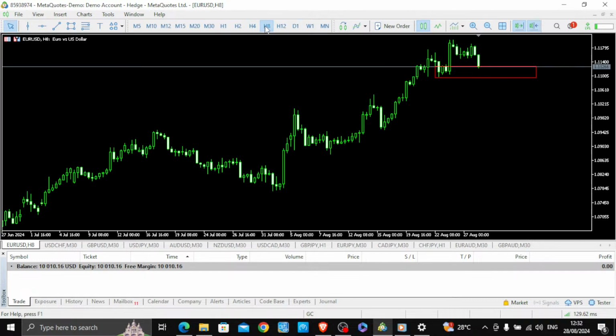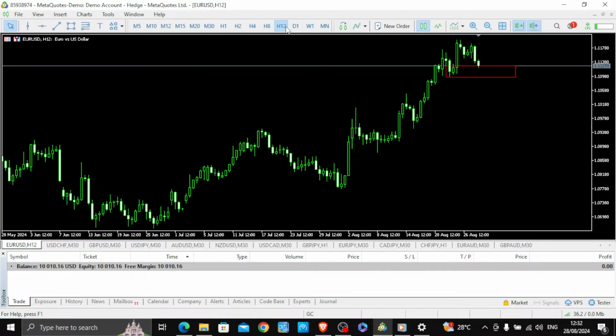If you go to 8 hours, look at this candle that is forming. Under 12 hours, look at a huge bearish candle that formed. It may be the beginning of the reversal, it might not. So until it takes out this area, that's when we might be looking for an opportunity to sell.